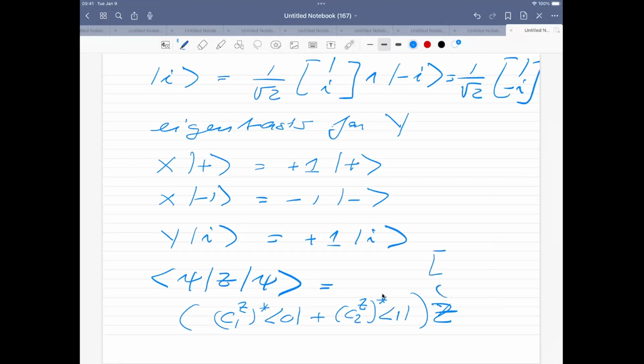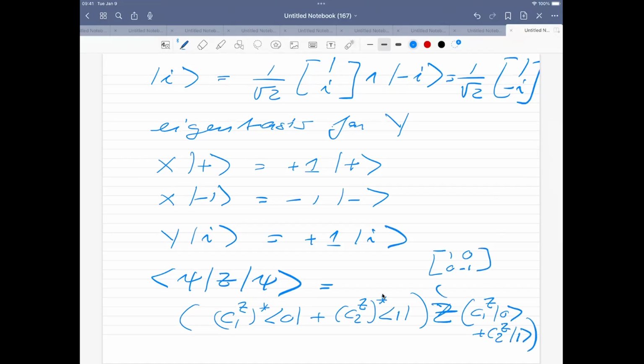So I'm multiplying these quantities with a matrix which looks like this. And this is then multiplied with C1Z times 0 plus C2Z times 1.